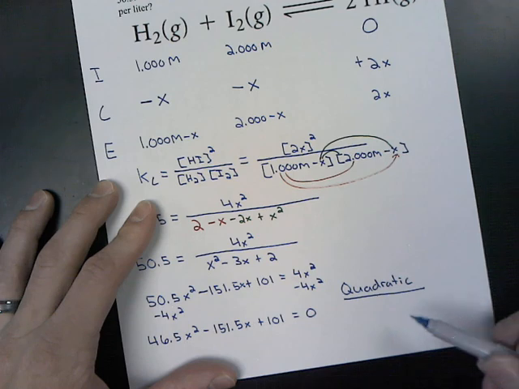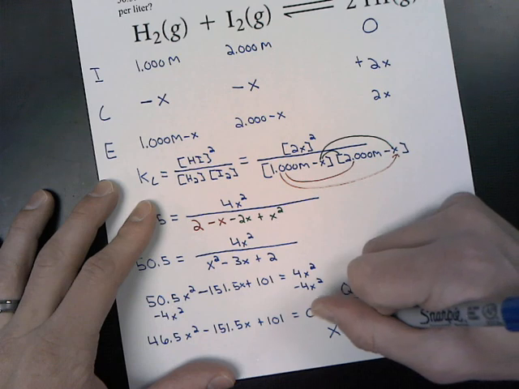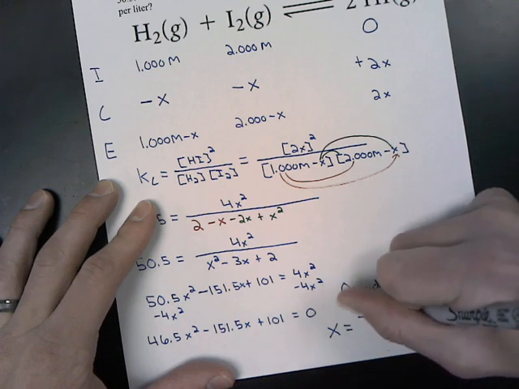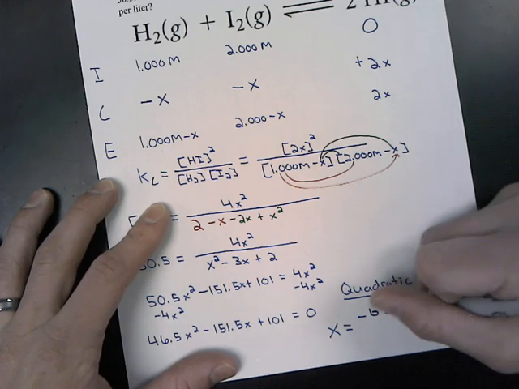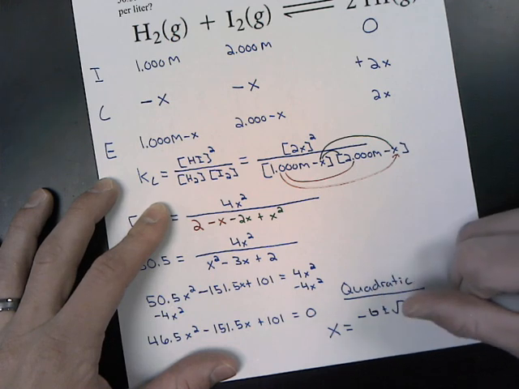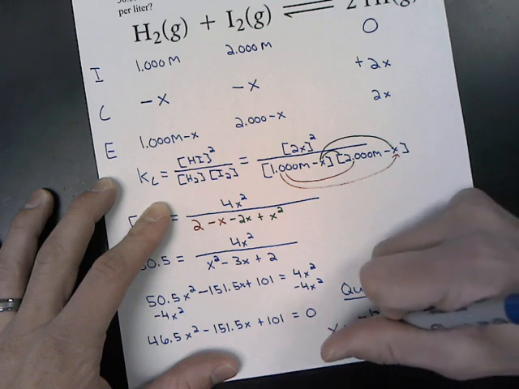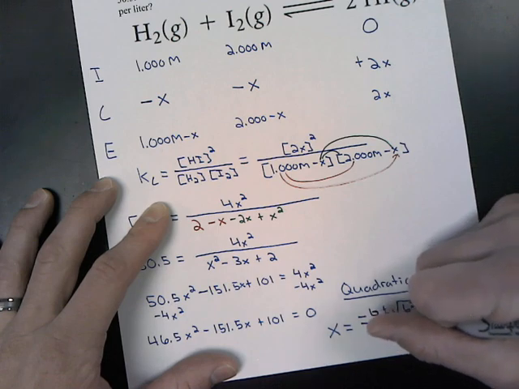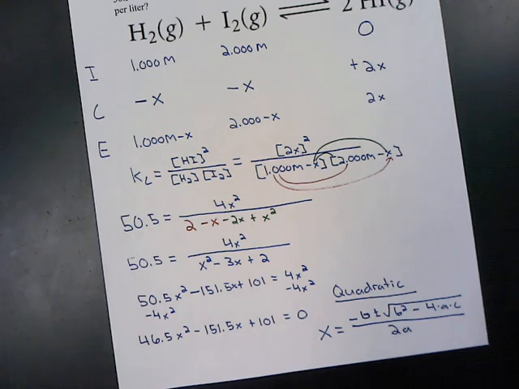So the quadratic formula is x is equal to negative b, that's a b, plus or minus the square root of b squared minus 4ac, all divided by 2a. Now, our a's, b's, and c's are this.